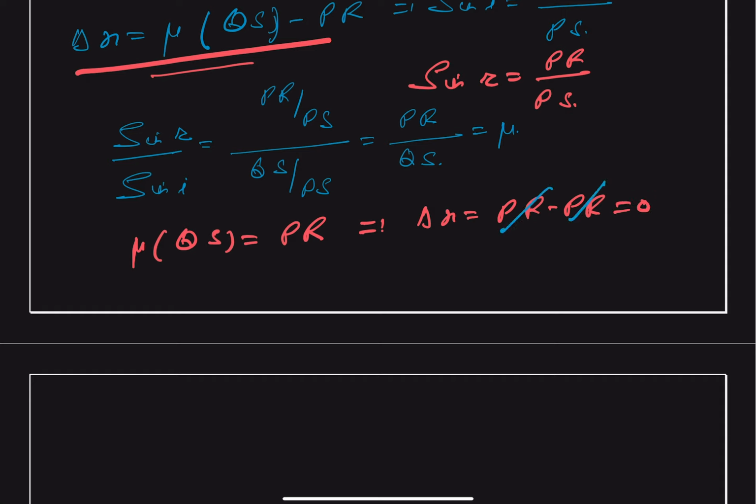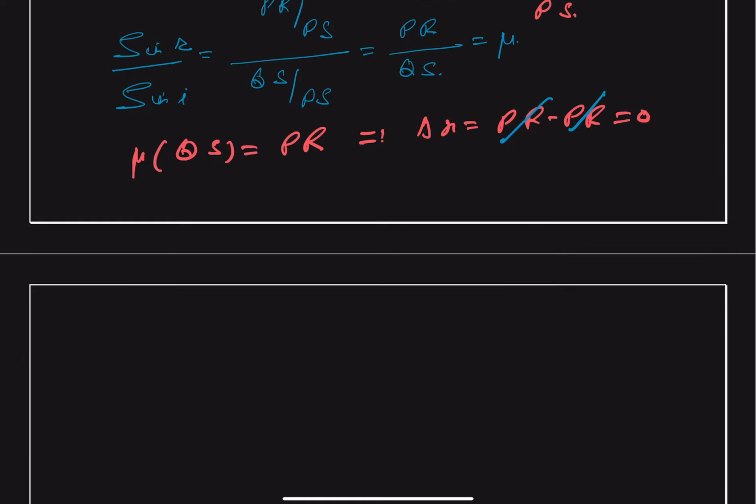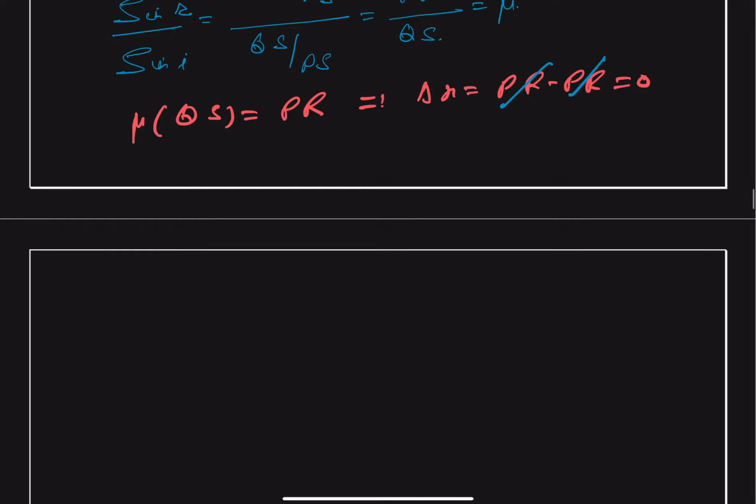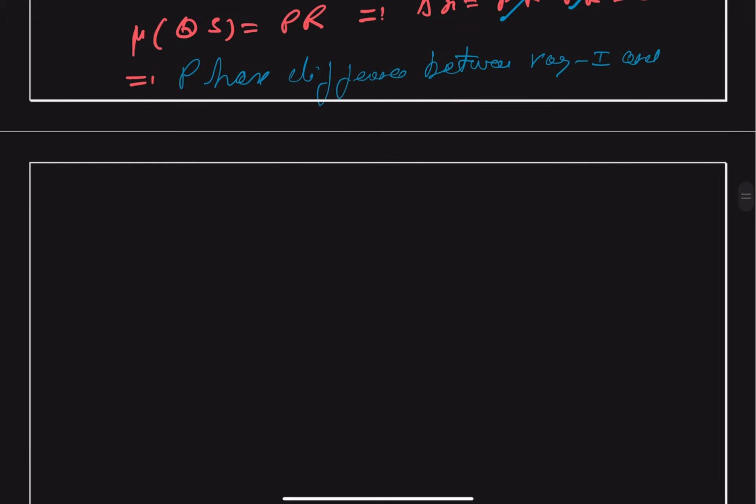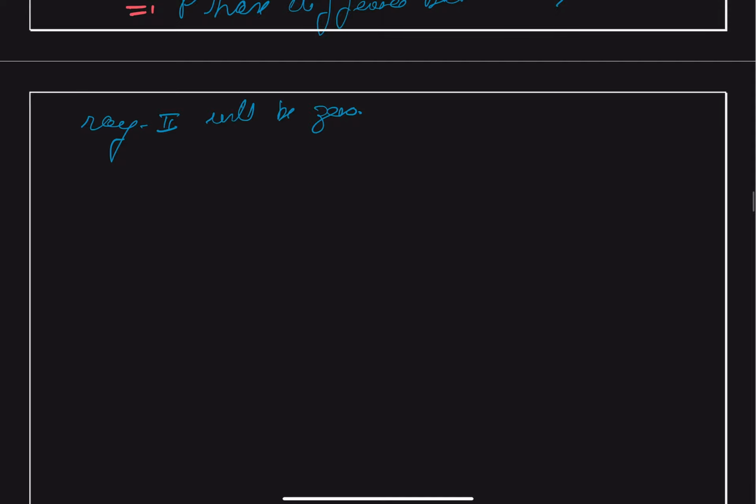Therefore, there will be no path difference, and thus we can say that the phase difference between ray 1 and ray 2 will be equal to 0, or we can say they are going to interfere constructively.